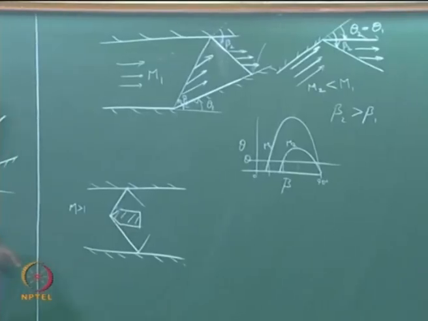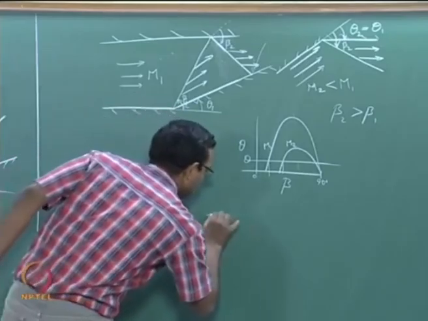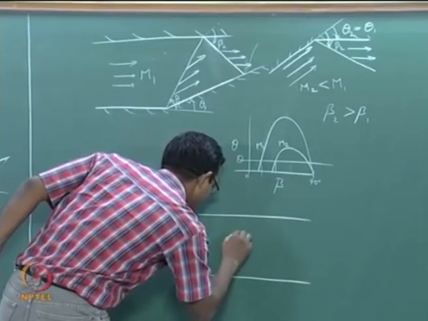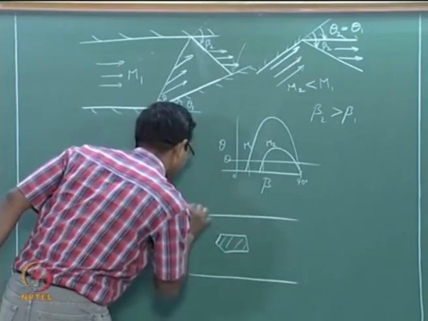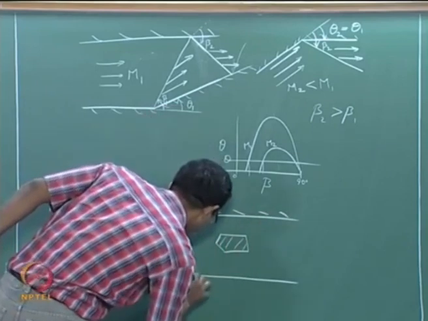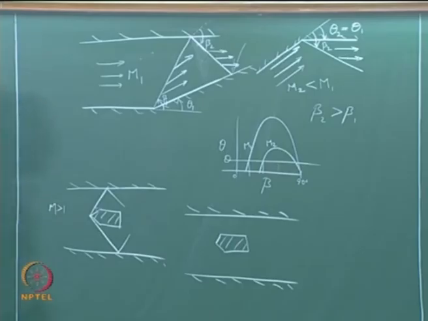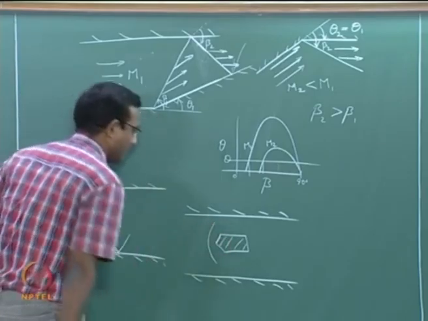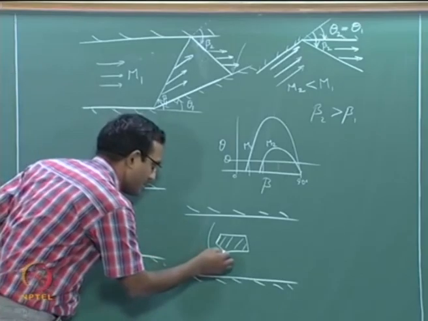What if my angle is more than critical angle? Let us say I put such a model. If I have a model with angle more than critical angle, then I will have an oblique shock sitting here, which is same as whatever we discussed last class and today at the beginning.